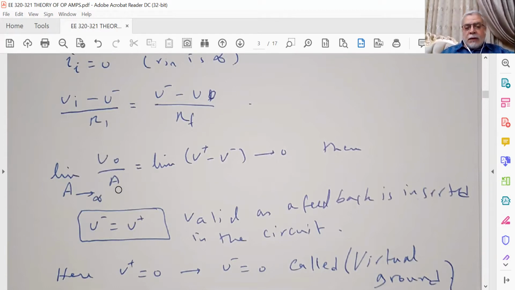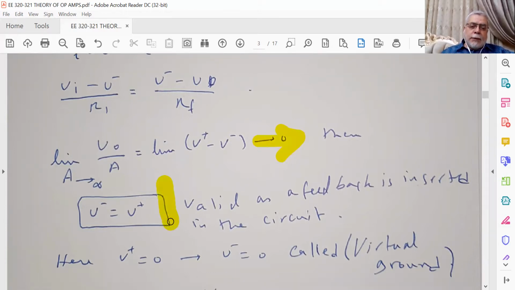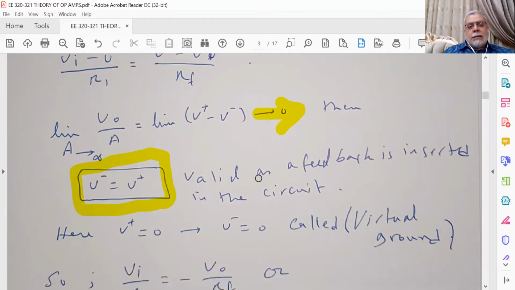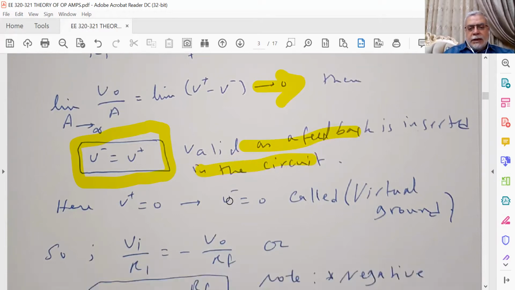Dividing by A produces VO divided by A, and the limit as A tends to infinity is 0. This means that V plus equals V minus, and this relationship is valid as long as a feedback is connected between the output and the negative input. So always we have V plus equals V minus.